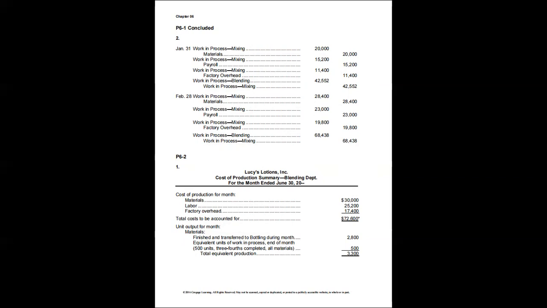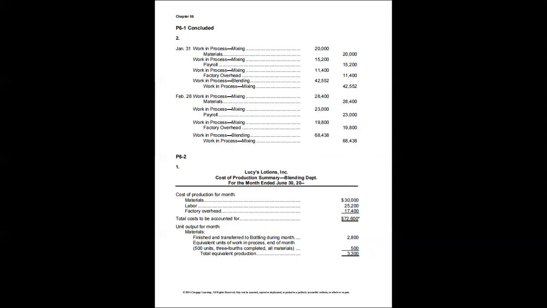we have the cost to be accounted for with a total of 72,600. Now for the unit output, we have the units finished in the blending and transferred to bottling, and we have the work in process at the end of the month, 500 units.